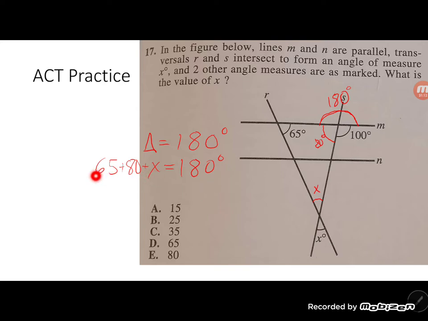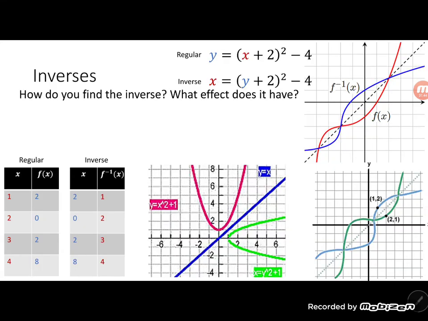That is all the angles of my triangle, that one, that one, and that one, added together, they have to equal 180. You solve that, and 180 minus 80 and then 65 turns out to be 35. And so C is going to be your correct answer. Good little ACT practice problem.